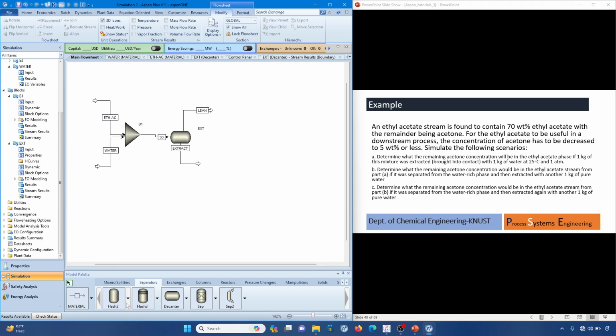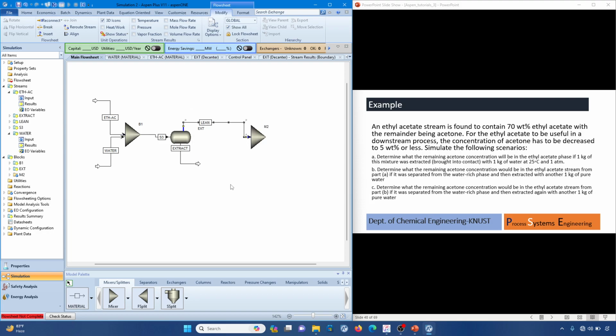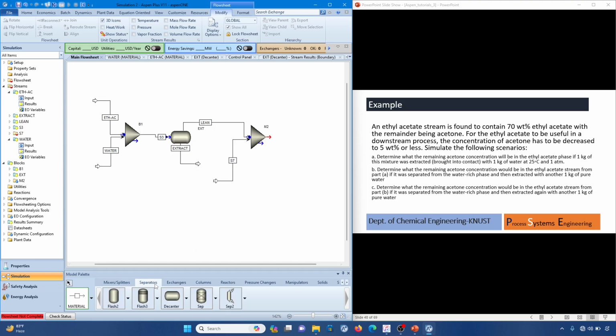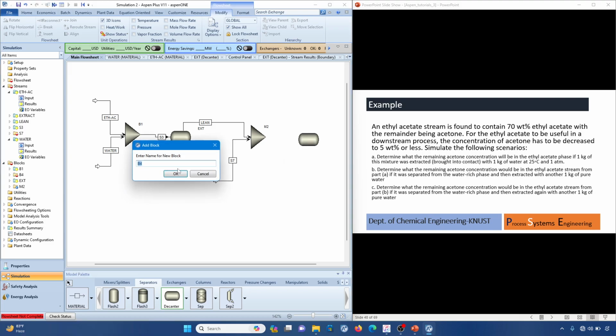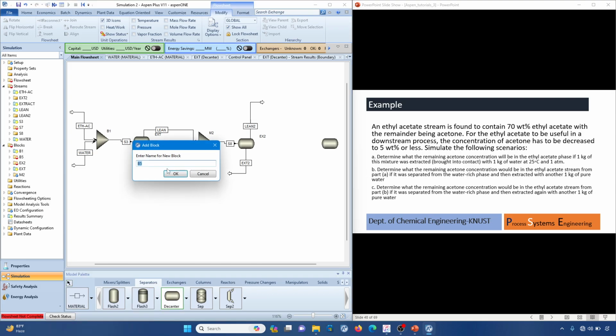We take the lean stream and contact it with fresh water, the same flow rate. That should be it for the second run. Then we can do the same for a third run.